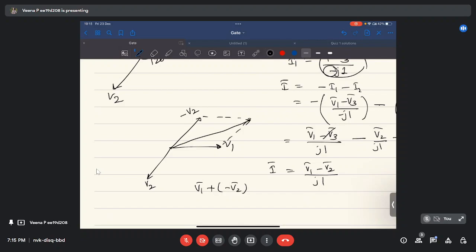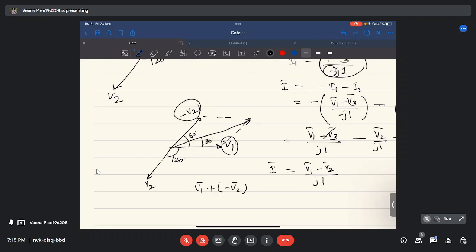I hope you are familiar with phasor addition and subtraction. So this is nothing but the line voltage. If the angle between V1 and V2 is 120 degree, then the angle between V1 and minus V2 will be 60 degree. And since the magnitudes of V1 and V2 are same, their resultant will be 30 degree from both the vectors.